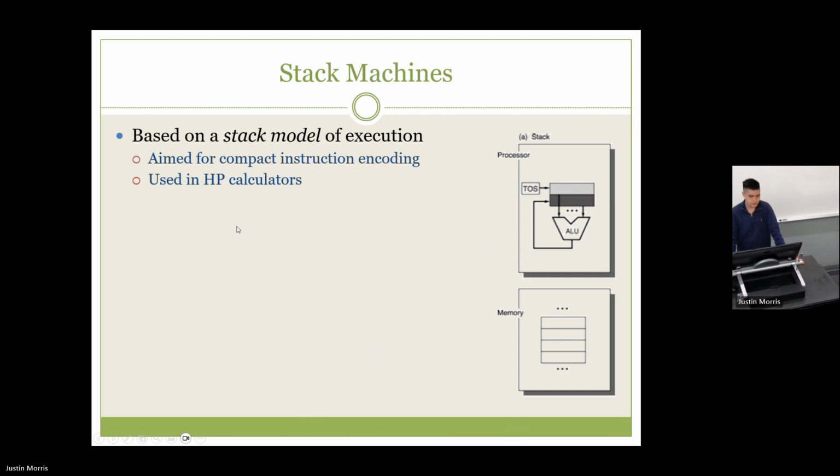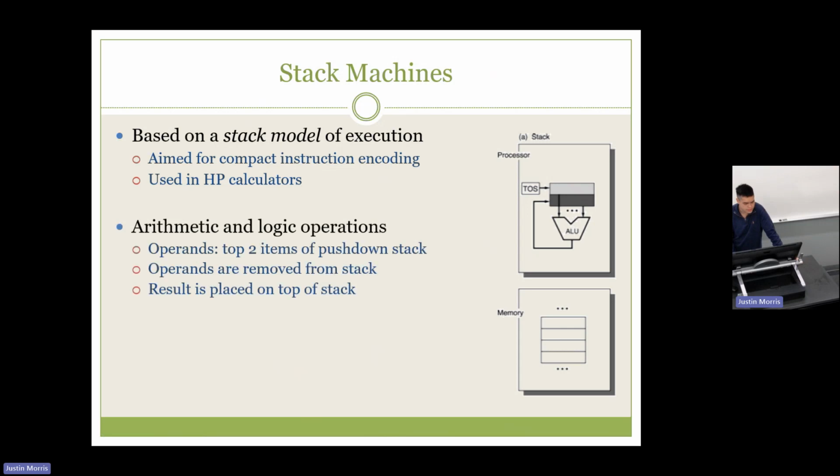Right. So stack machines. So this is the stack model of execution. This allows us to have very compact instruction encodings. And again, this is used in some calculators. So for a stack architecture, the two operands are always the top two items on the stack.